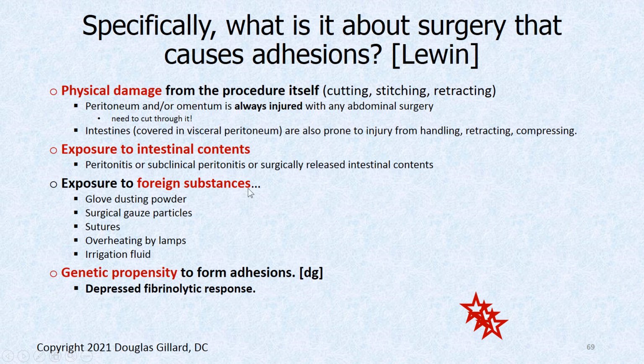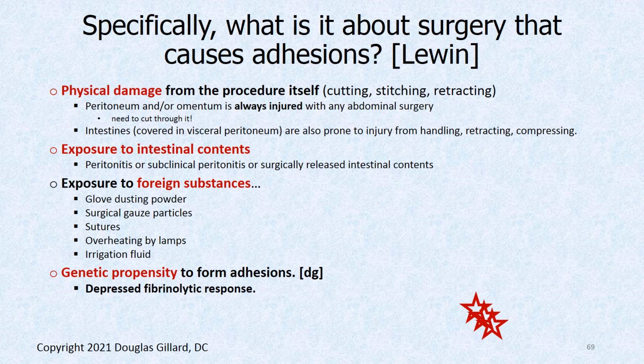Exposure to intraoperative substances like the dust on operative gloves, the gauze on surgical gauze for soaking up blood, the sutures, overheating by surgical lamps, irrigation fluid. There's been a lot of experimentation that's demonstrated these are causes, so surgeons have to be careful about that.